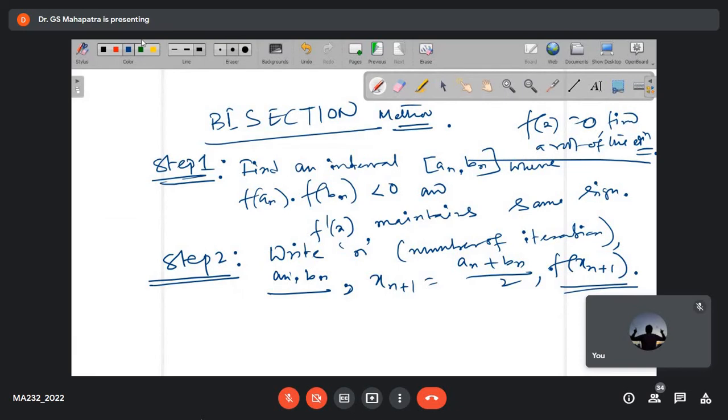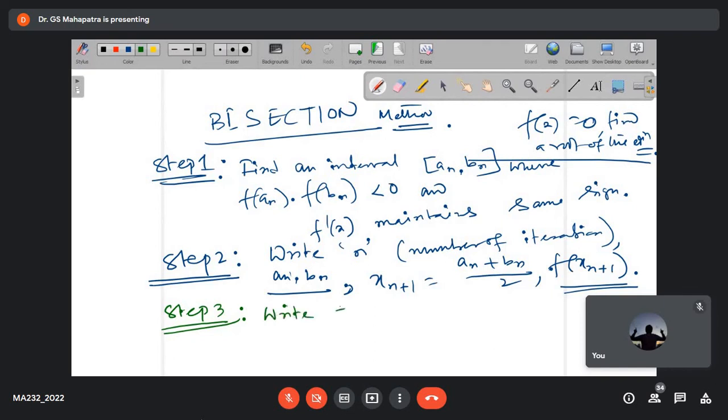That is step 3. What is step 3? Any doubt, anyone? Now we have to identify the new interval. So the new interval is this one, right?